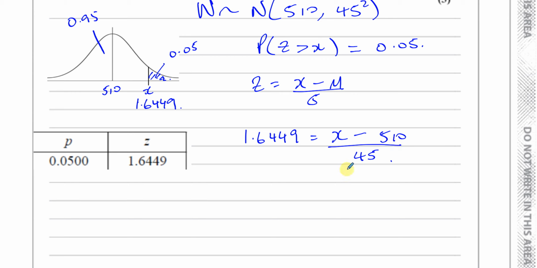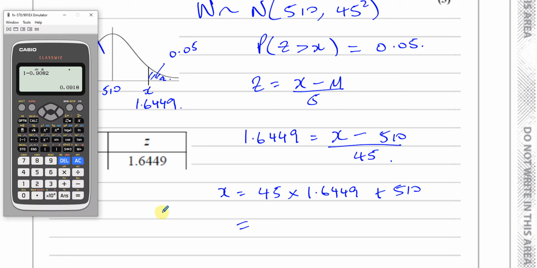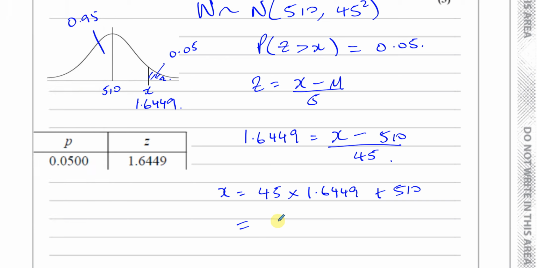If I undo this, I multiply by 45 the standardized score, 1.6449, and I add to it 510. That's how I make X the subject. So you have 45 times 1.6449, add to that 510, and that gives us 584.0205.